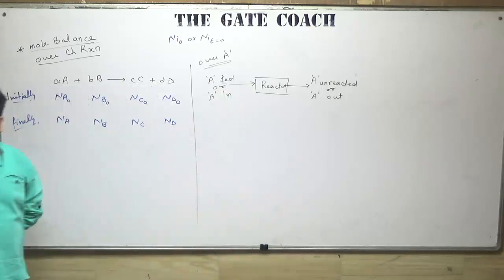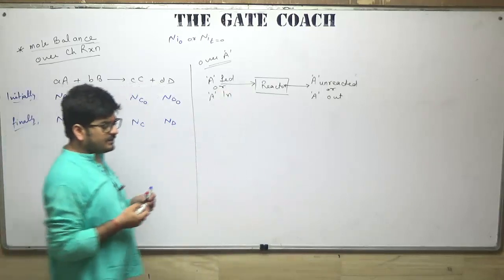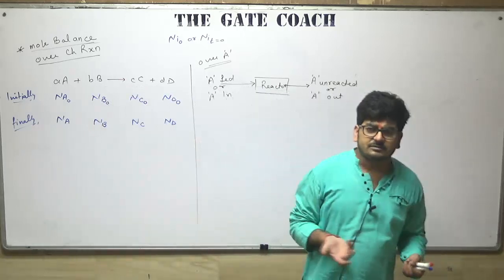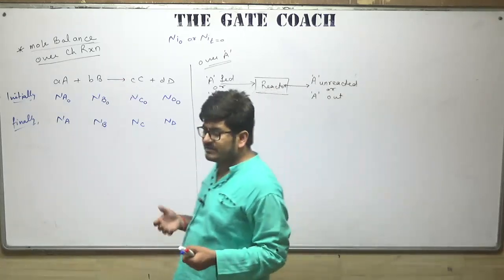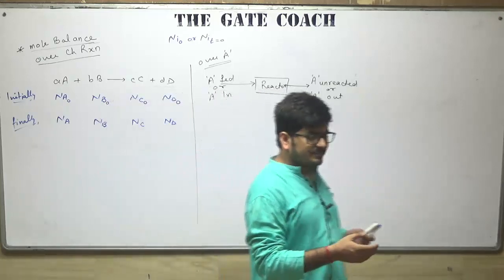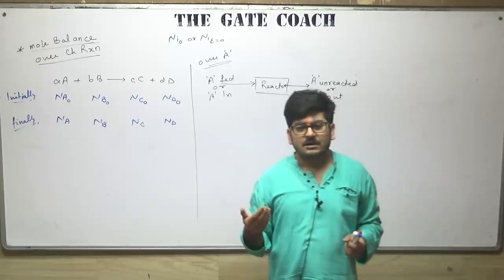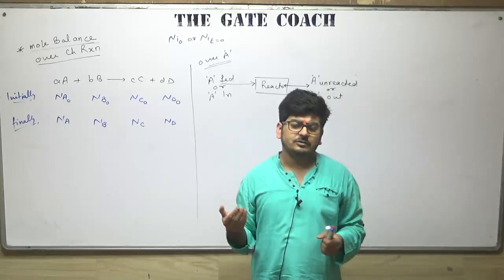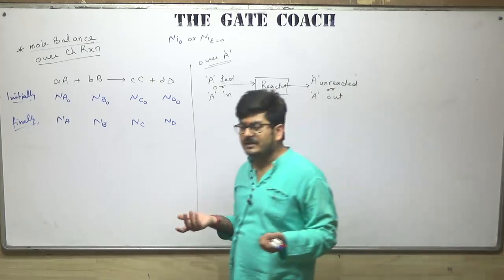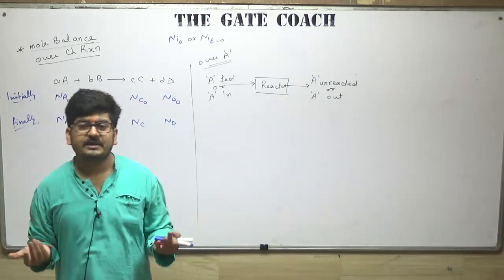So what will be the mole balance over A? It's simple. Suppose I have 1000 rupees in my pocket. I go into a shopping mall, and when I come out of that shopping mall, I have only 300 rupees in my pocket. So what will be the money balance? Where are the remaining 700?